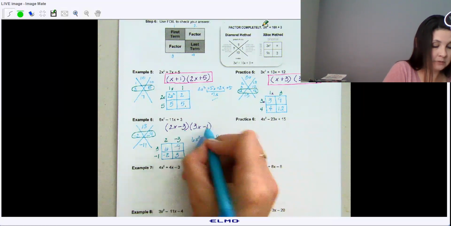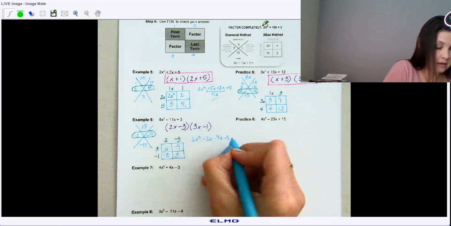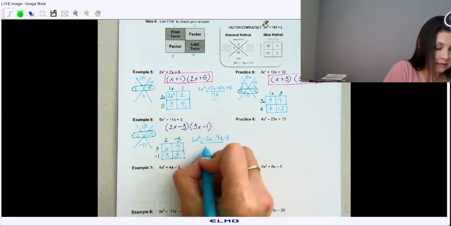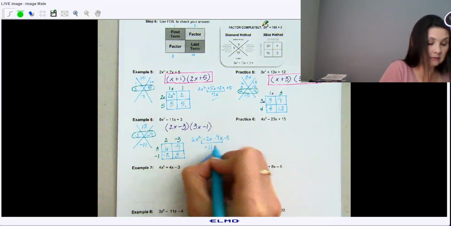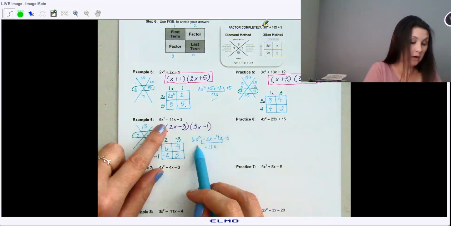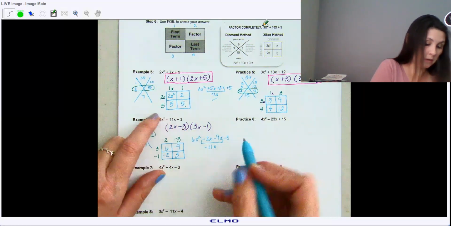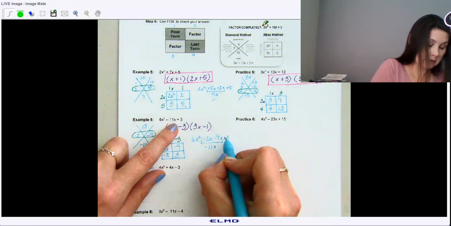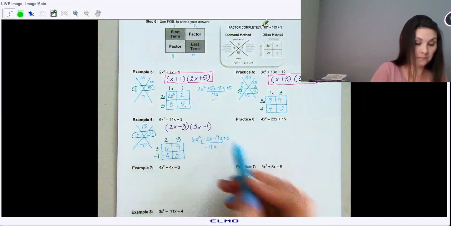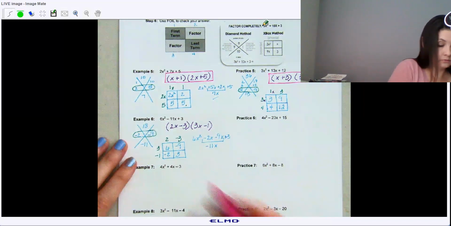And -3 times a -1 is a -3. And when I combine my like terms, I get a -11x. So 6x squared minus 11x minus 3. Oh, that should be a plus 3, because -3 times -1. There we go. And that does check out.